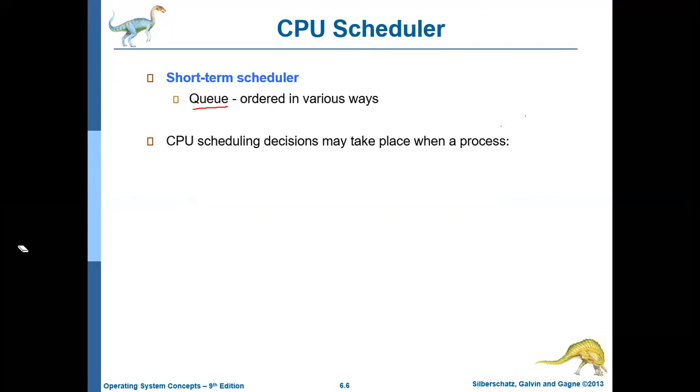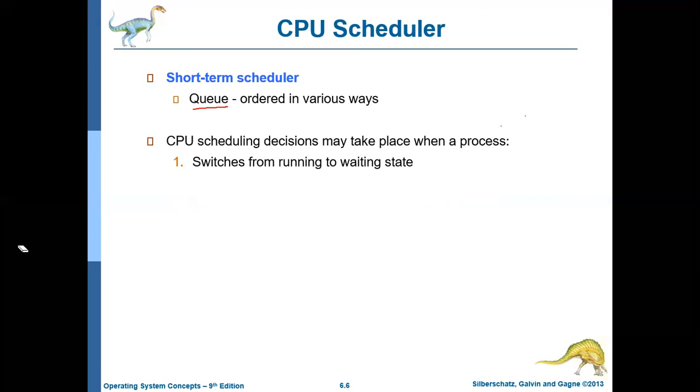The first situation is if a process is moving from running state to waiting state, that is, it is running and now moving to a waiting state because of an IO operation. Now the context switch will happen, because the CPU should bring in a new process.